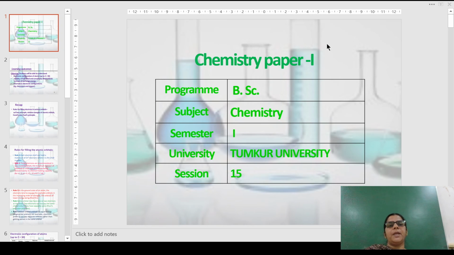What are the uses of electronic configuration? Electronic configuration helps in determining the valency of an element. It helps in predicting the properties of a group of elements. This refers to periodicity: elements with similar properties occur in the same group and exhibit similar properties, and electronic configuration is responsible for the periodicity.